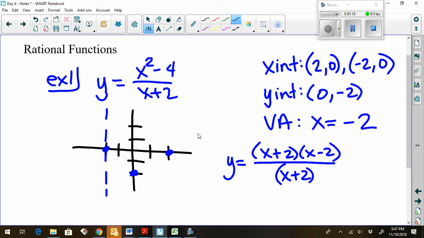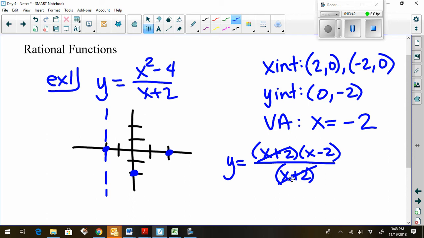Now, you notice that on the top and the bottom we have x plus 2 on both of those. Well, if I simplify that, like any other fraction I've had, those really divide out and become 1 over 1. So these two end up going away.